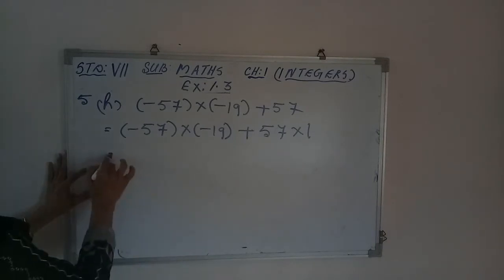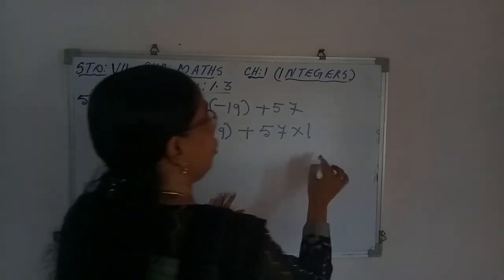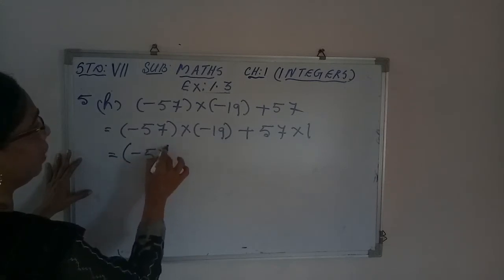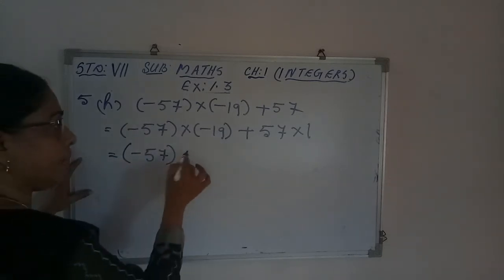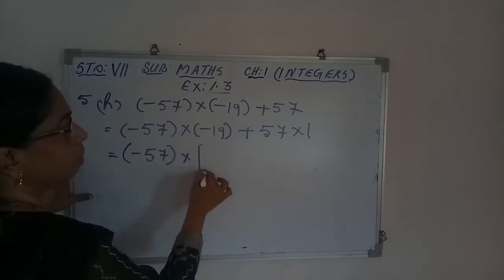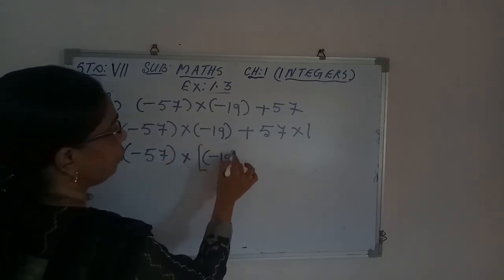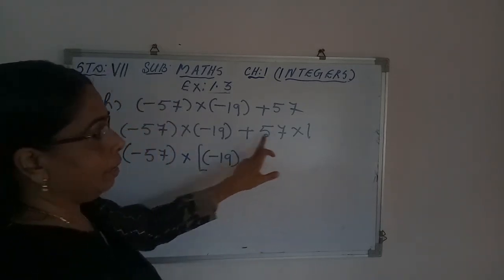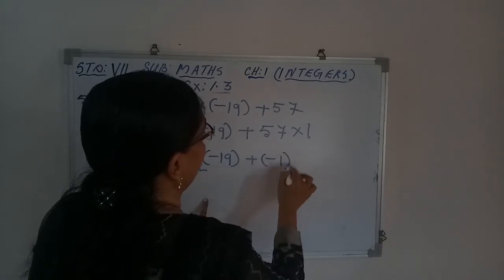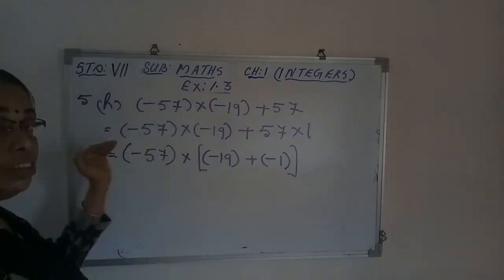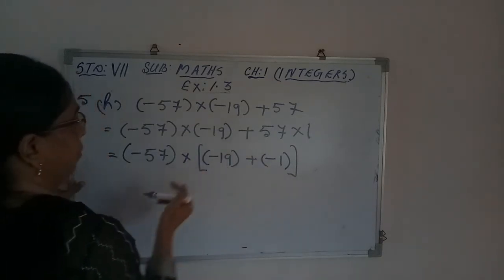Now, which property can we use? Distributive property, that is minus 57. Take it as common into what's remaining? Minus 19 plus, see here, minus 1. Because 57, what you are taking? Minus 57. So minus 1 remains there.